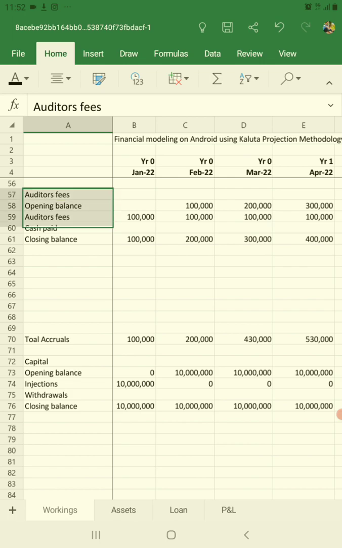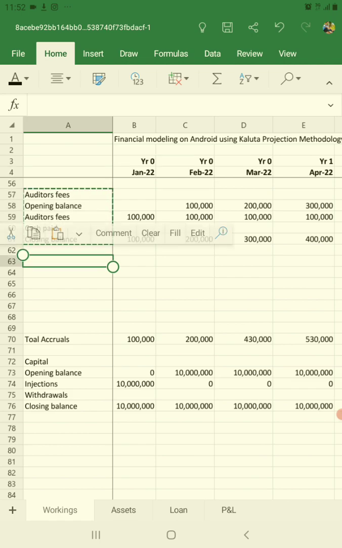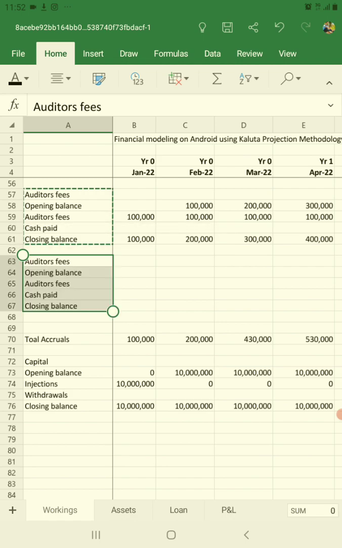Yeah, just explanations. To save time, I copy the explanations and then I will adjust, paste, and adjust. Instead of auditors fees, it's going to be tax.